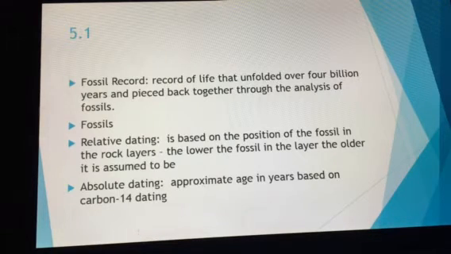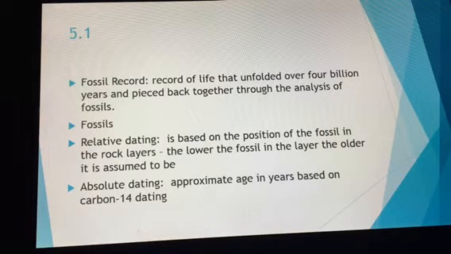And so because it breaks down so slowly, we can actually determine how old something is by the amount of carbon-14 that they have in them, and what is left. And so that one's a little bit more precise, and so it's not 100%, but we have a pretty good approximation of how old things are.